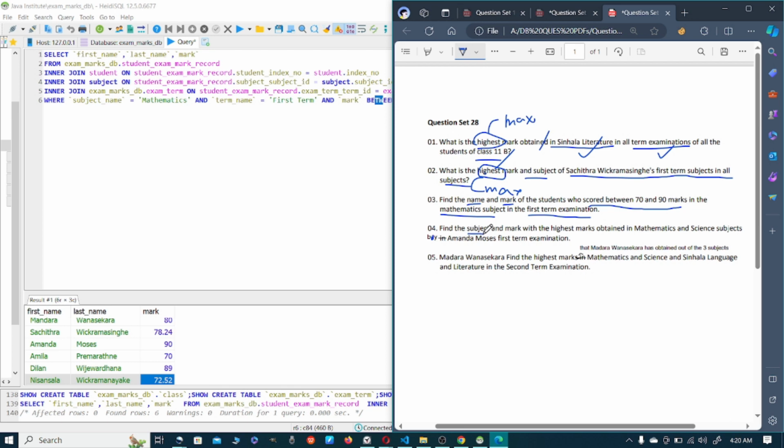Fourth question: find the subject and mark with the highest mark. With the highest mark means we can use the max keyword here. Obtain the subject with the highest marks out of mathematics and science by Amanda Moses in the first term.